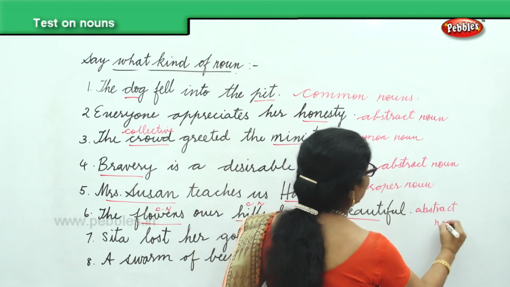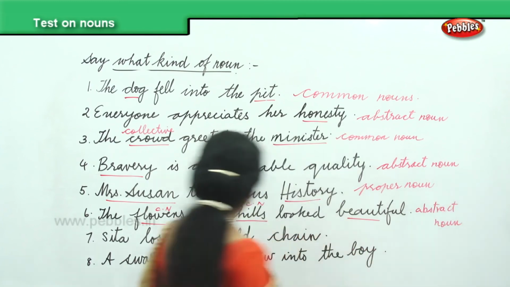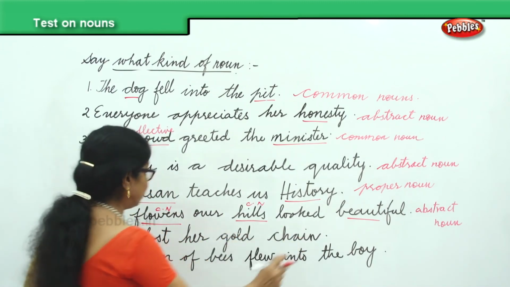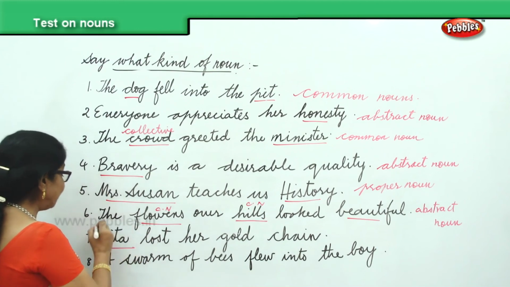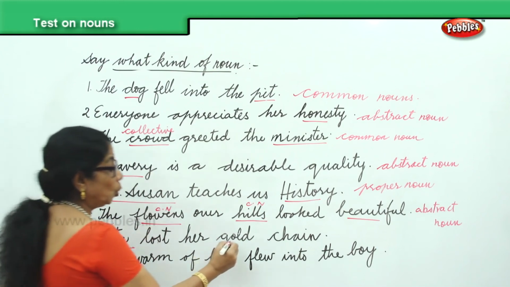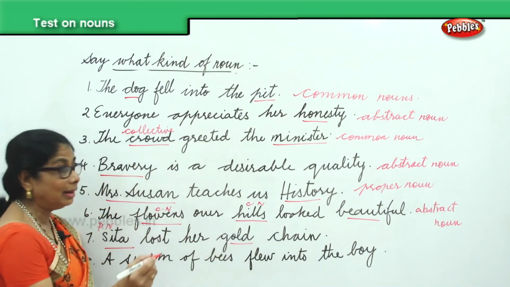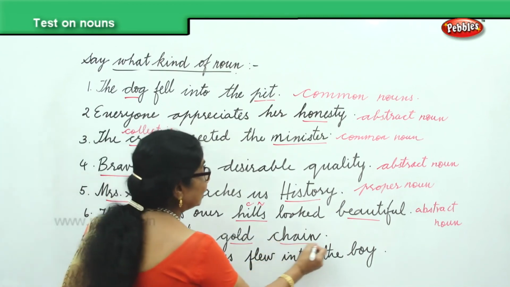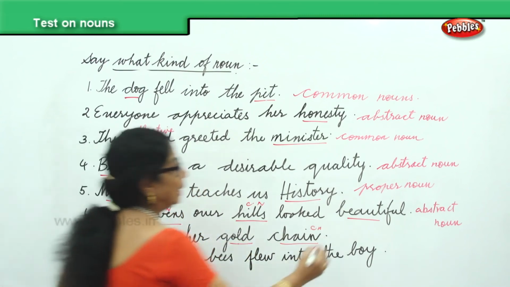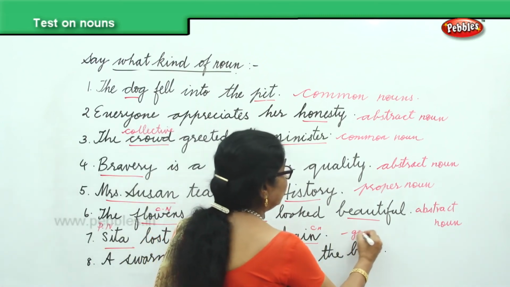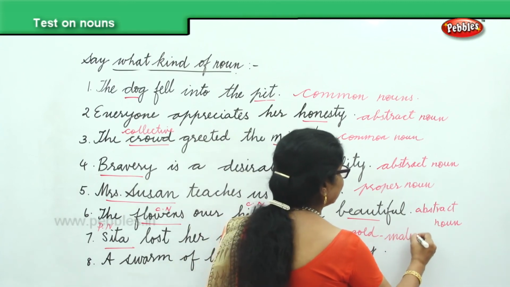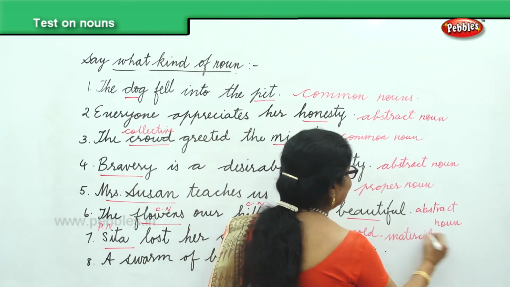Then you have Sita lost her gold chain. Sita is a proper noun. Then you have gold, that's a material noun, and chain is a common noun. Gold is a material noun.